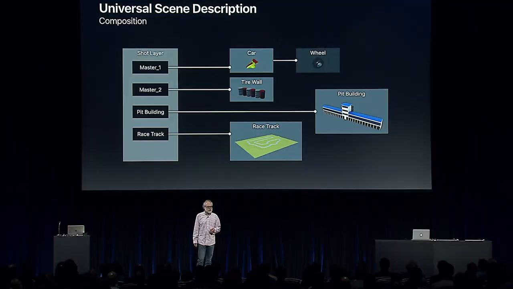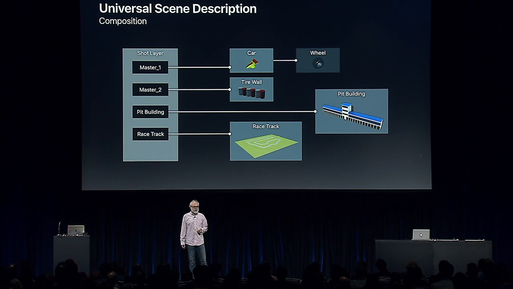Now, what makes Universal Scene Description super powerful compared to what we might have had before is the fact that we can take a whole ton of files and compose them together to make a complex scene. So in this particular example, I've decomposed the pieces from our game with a racetrack into the building, the racetrack, a tire wall, car, and some wheels.